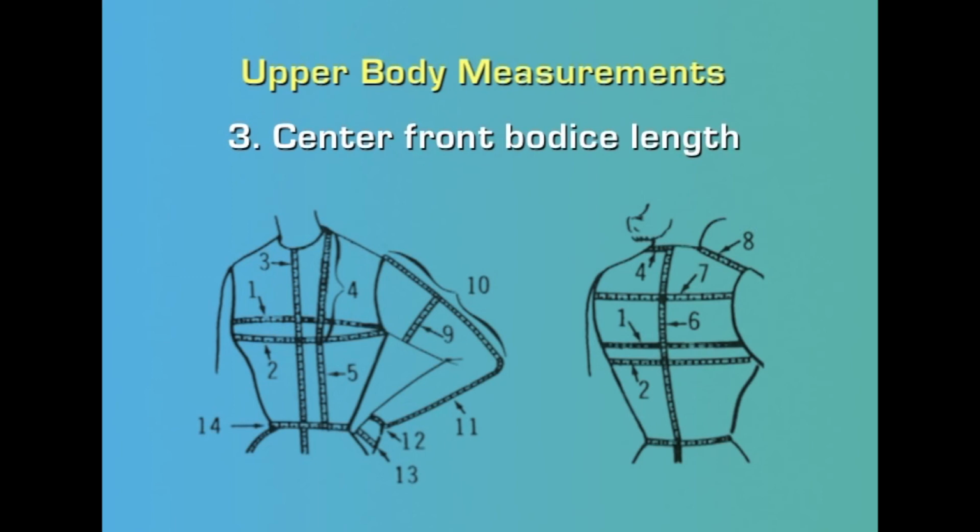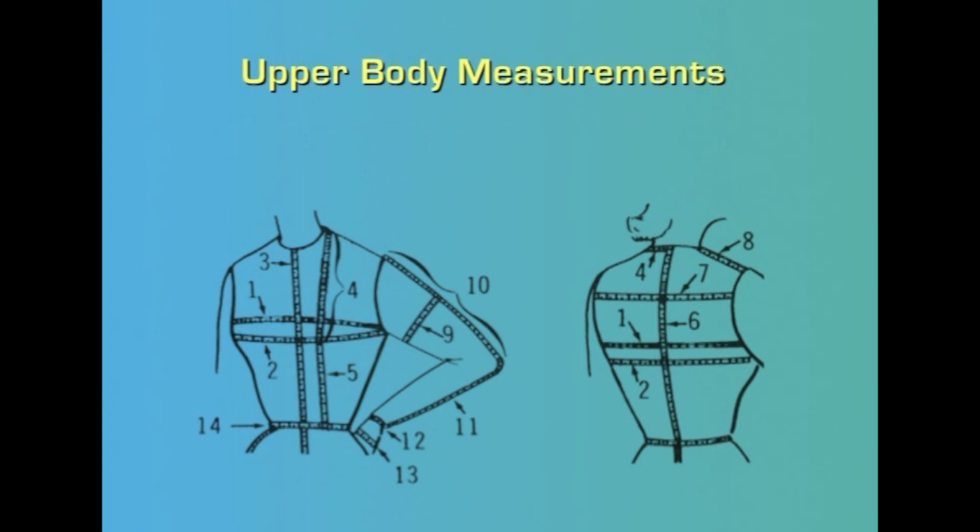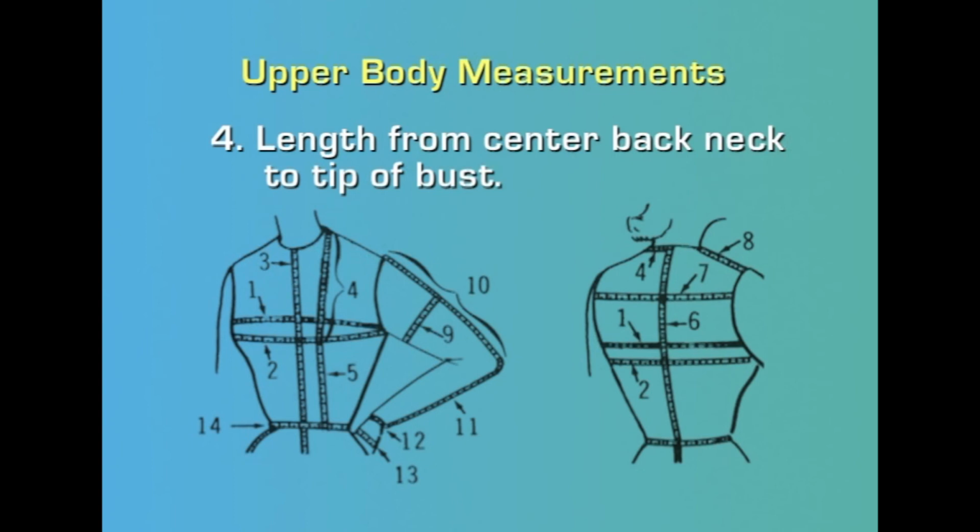Center front bodice length. Measure center front from base of neck to waistline tape. Length from center back neck to tip of the bust. Measure from tip of bust around neck to tip of other bust and divide the measurement into half.